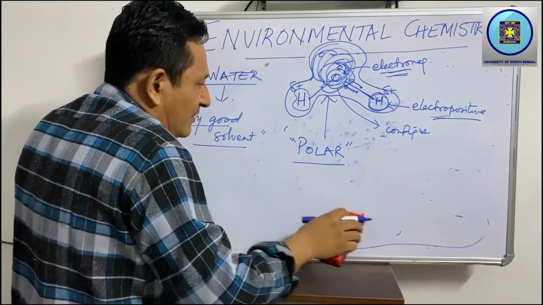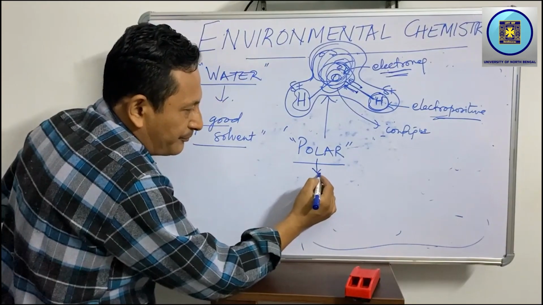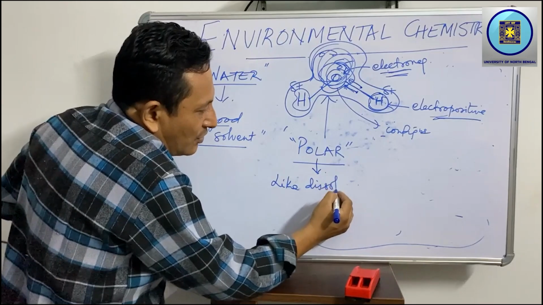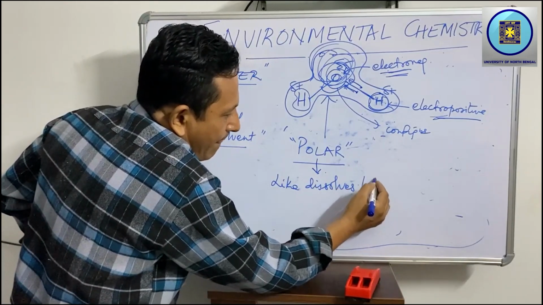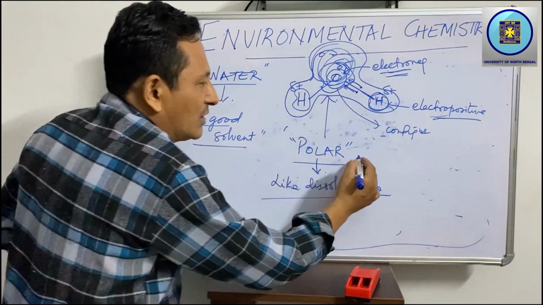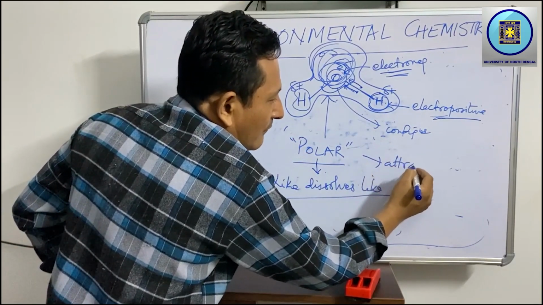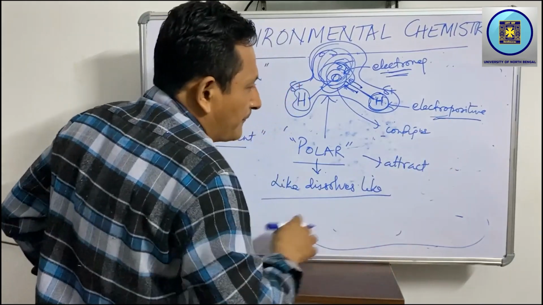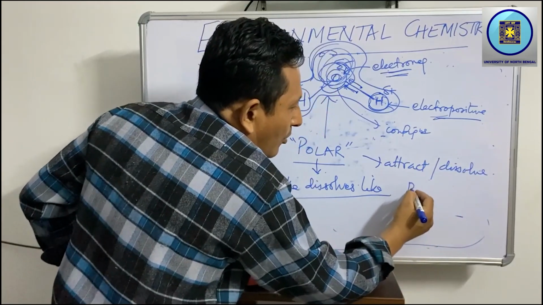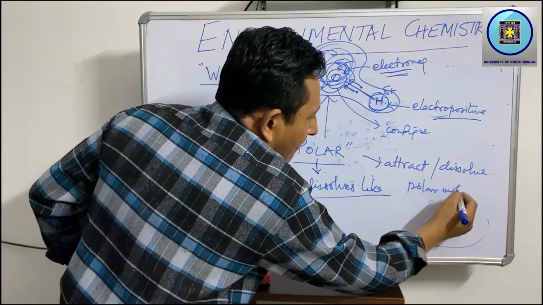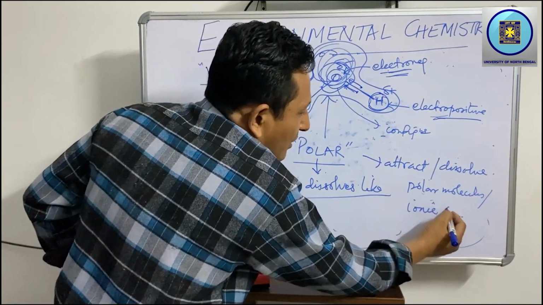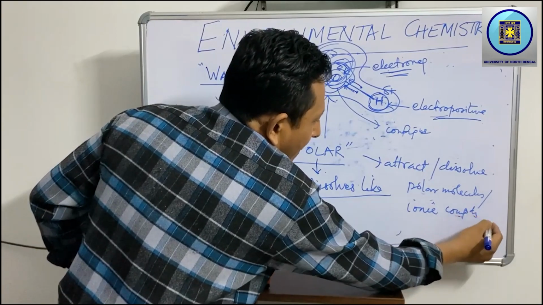Now, since water is a very polar molecule, we have something called like dissolves like. So water being a polar molecule, it will attract or dissolve other polar molecules or ionic molecules or compounds.